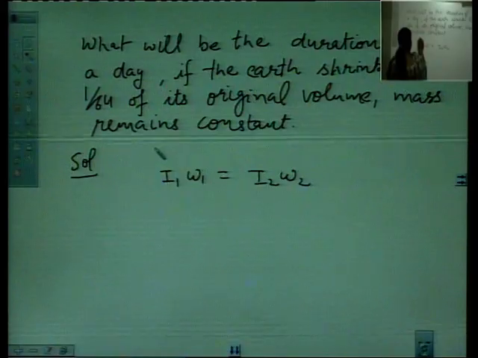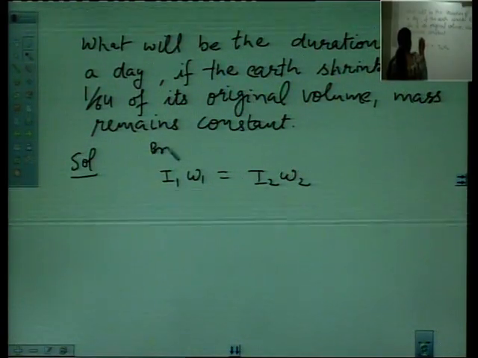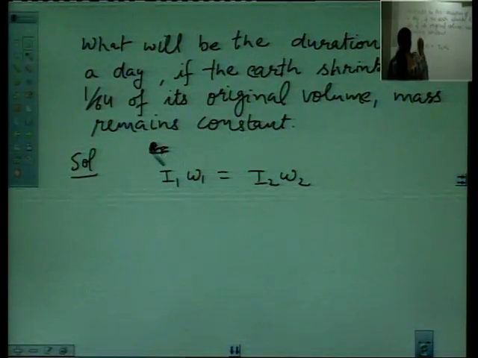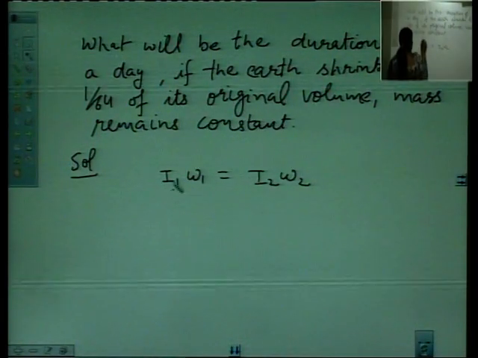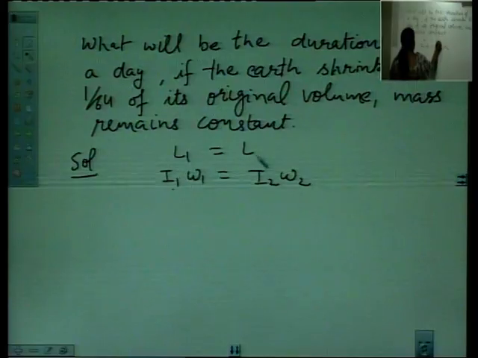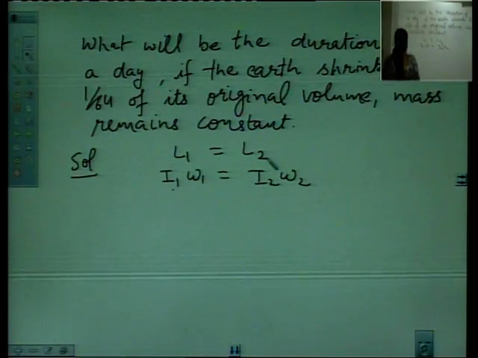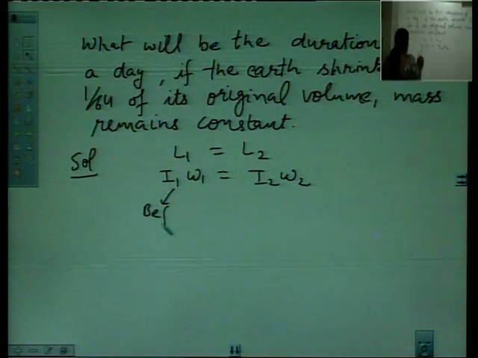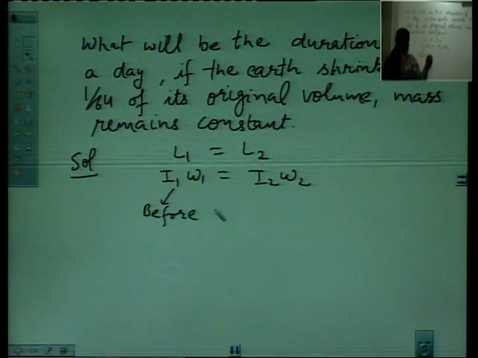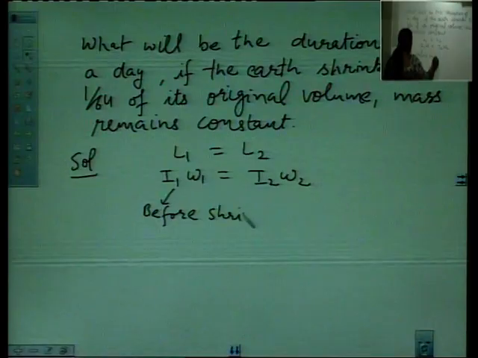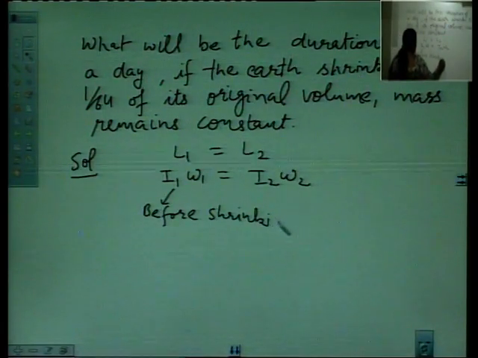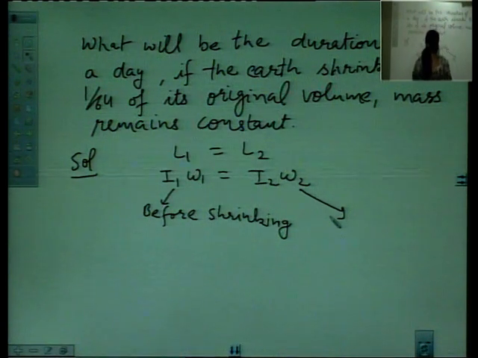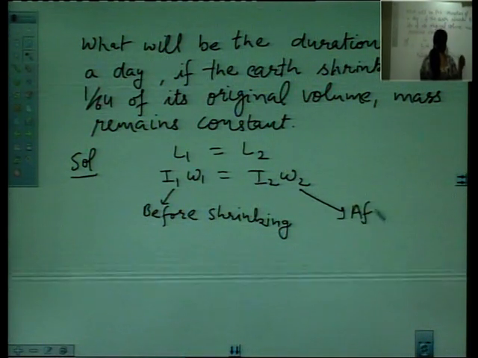So, this is before shrinkage. We can say L1 is equal to L2. L1 is the angular momentum before shrinkage, and L2 is angular momentum of earth after shrinking.